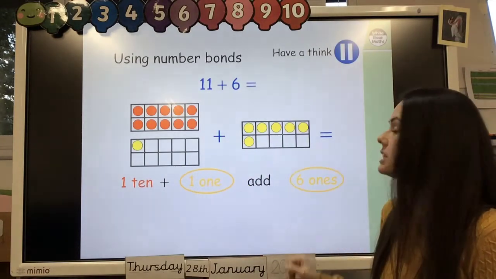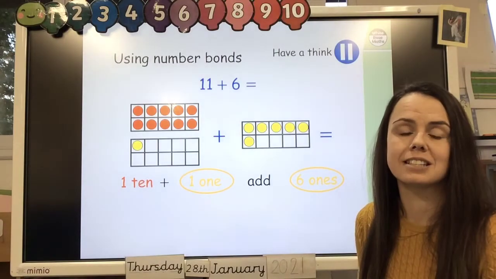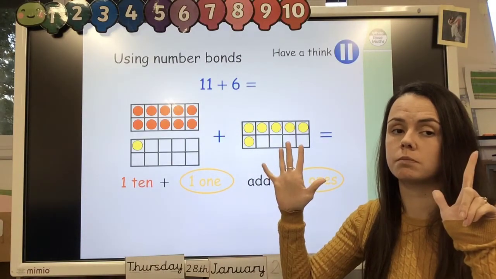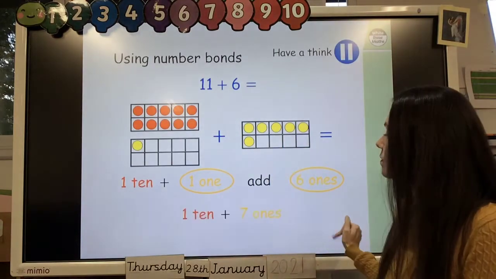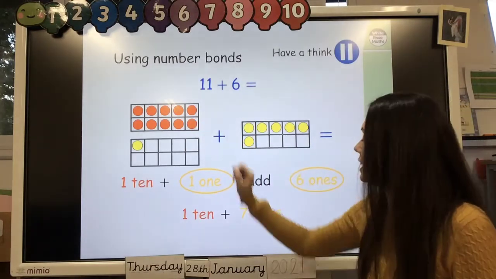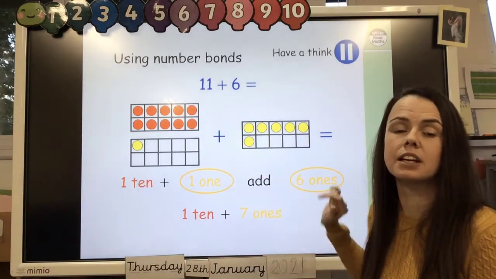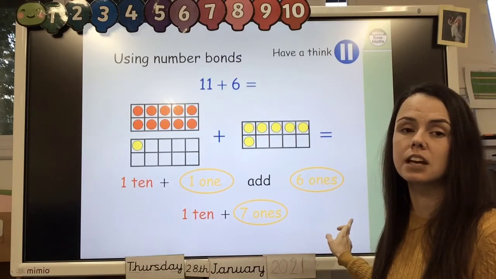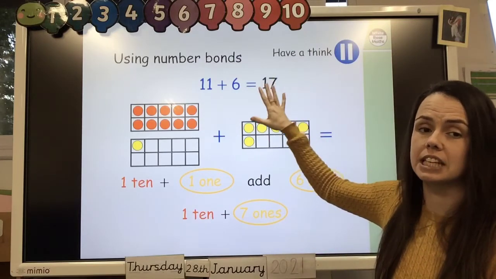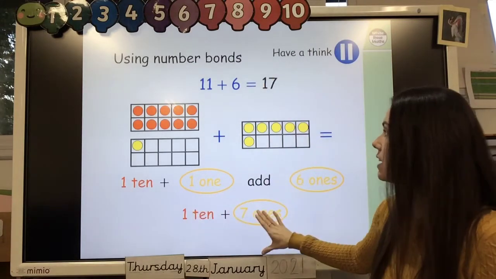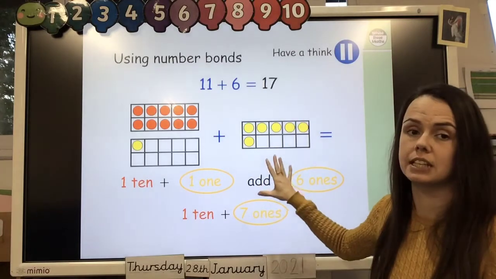What's 1 add 6? 7. So 1 ten and 7 ones, and together that makes 17. 1 ten and 7 ones make 17.